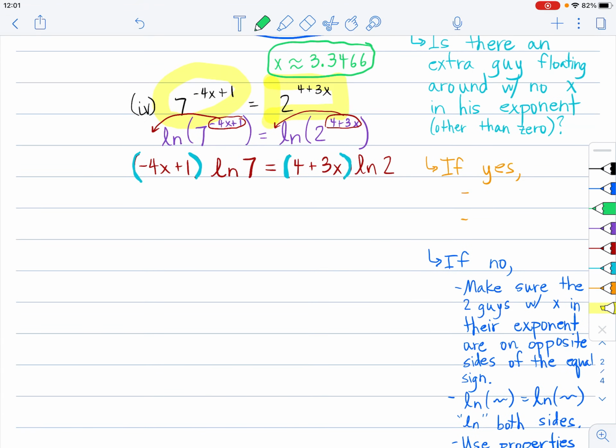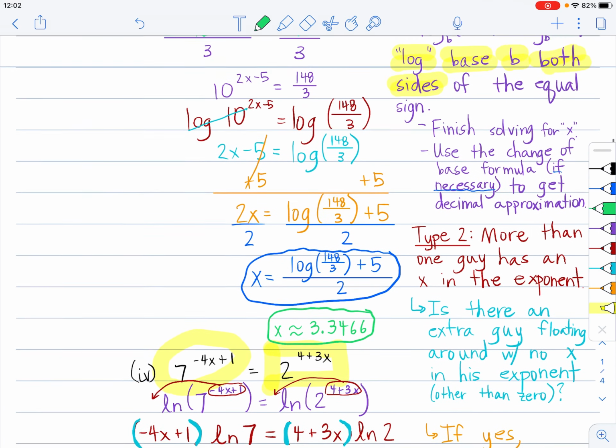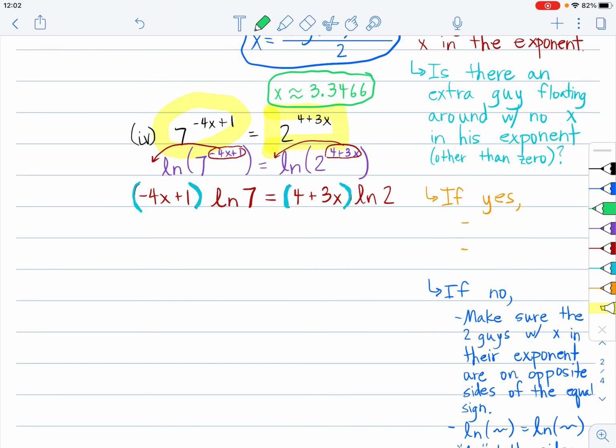Okay, so that's a lot of steps for if no. And side note, I like these type of problems. This is a college algebra level problem, not an intermediate algebra level problem like the ones before this.